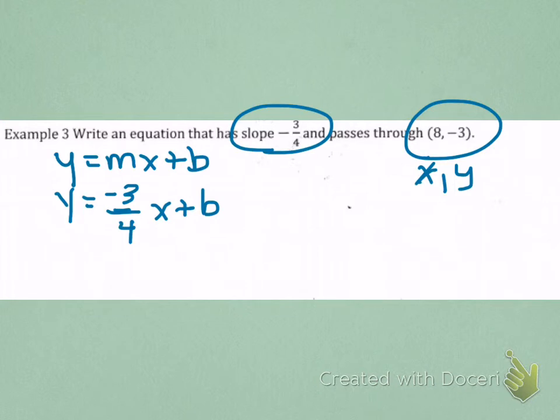So y is -3 when x is 8. So I'm going to plug in -3 for y and 8 for x. And then I can solve the equation for b.